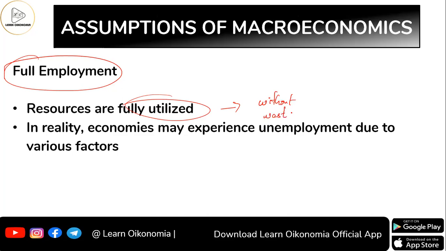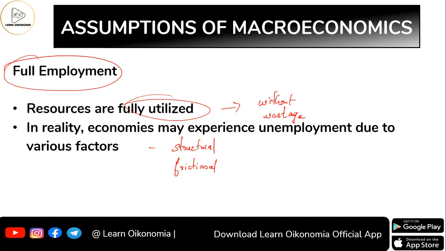So they believe that there is no unemployment, but in reality the economy experiences unemployment due to various factors. We might have structural unemployment, where due to structural reasons there would be unemployment. Then there is frictional unemployment, where people change their jobs and in between there is a short phase of unemployment.